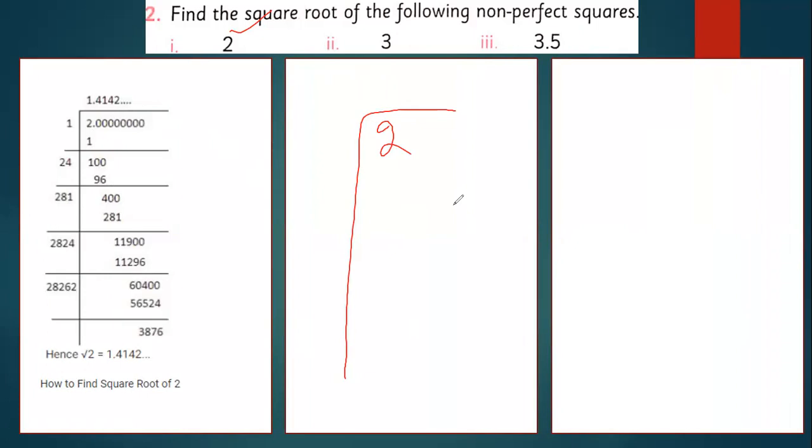In square root, we take 1 1s are 1, 2 2s are 4. So we take 1. 1 1s are 1, just take 1, and by subtracting 1 from 2, you are getting again 1. So in the next step, we double this one, so this will be 2 now. Can you do 1 by 2?